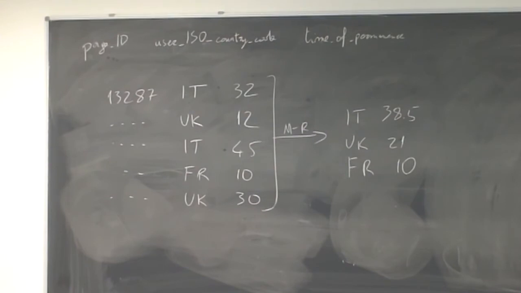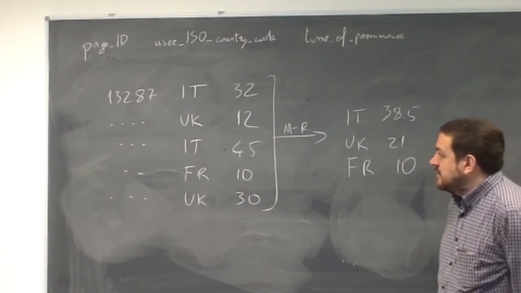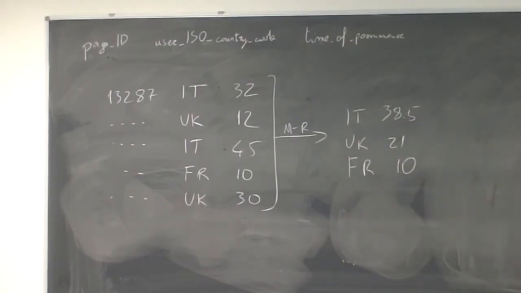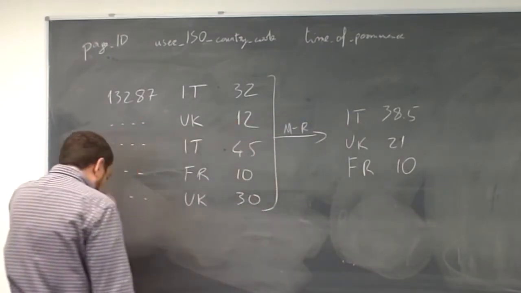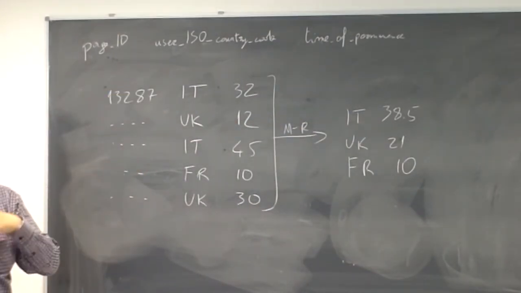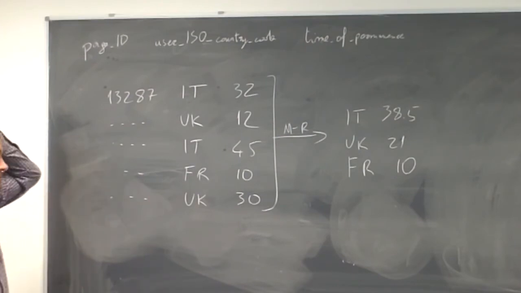The idea is that, suppose that you want to make the simplest implementation of this. The simplest implementation just forgets about the page ID. We don't need it anywhere.